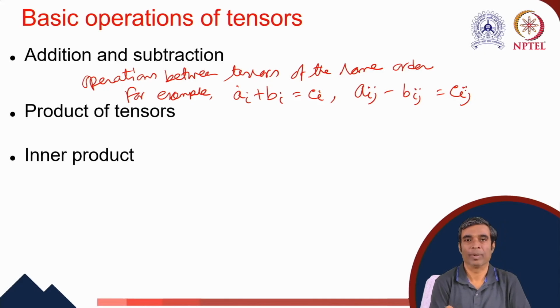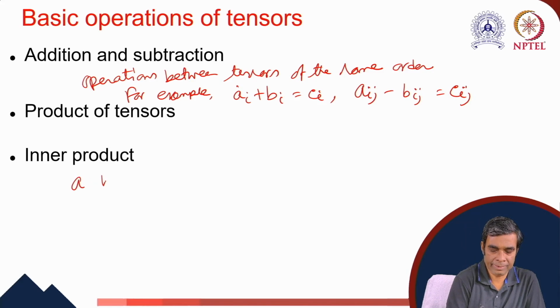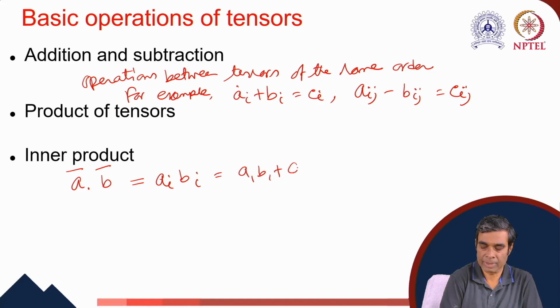Next, we go for the product of tensors. There are different kinds of products of tensors. The first one of them is the inner product, which in vector calculus we used to define as the dot product. This inner product is commutative. So let us consider two vectors a and b, and take the inner product of these two quantities. This can be written as a dot b equals ai bi equals a1 b1 plus a2 b2 plus a3 b3 in 3 dimensions.